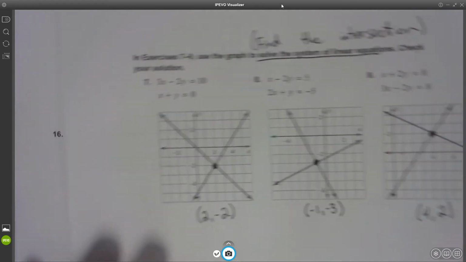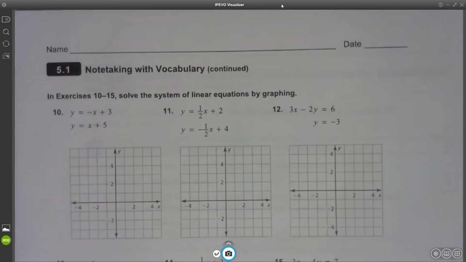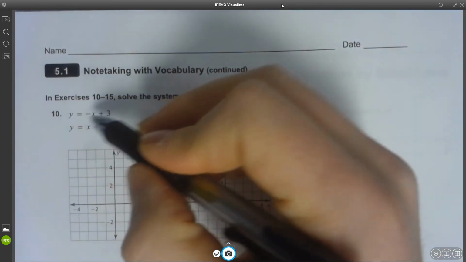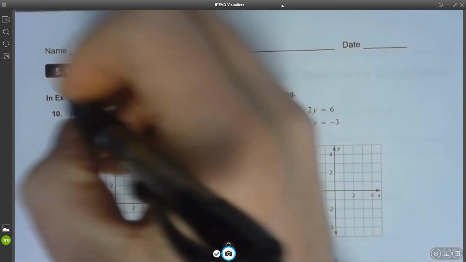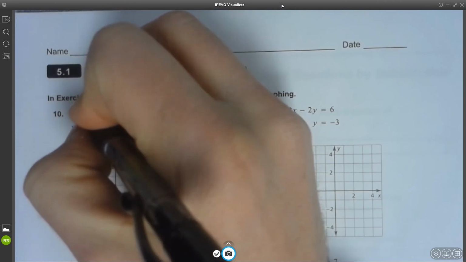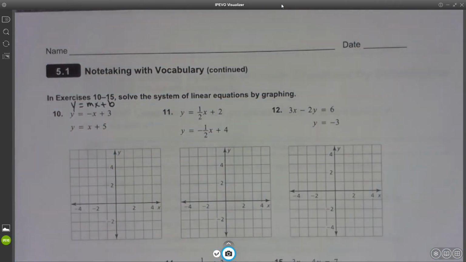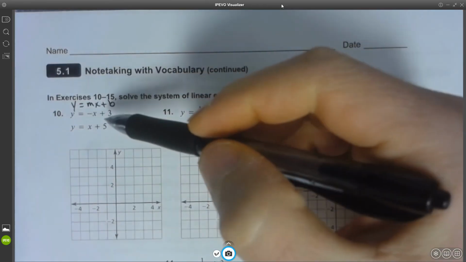All right, so let's make some graphs here. With the first couple, I can see that these are in slope-intercept form, so I'm looking at y equals mx plus b. You guys already know how we can graph these.